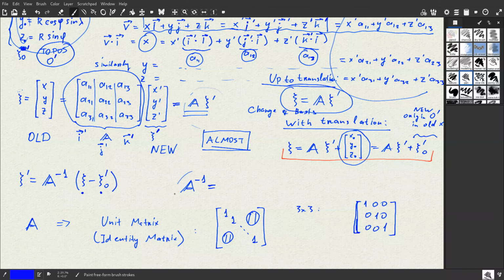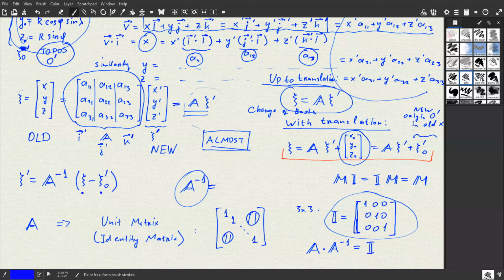And then the inverse matrix is such that, let us denote this identity matrix by I, A times the inverse is equal to our identity matrix. The identity matrix has the property that for any matrix M, M times identity equals identity times M equals M, with this type of identity matrix, which has ones on the main diagonal and zeros everywhere else.